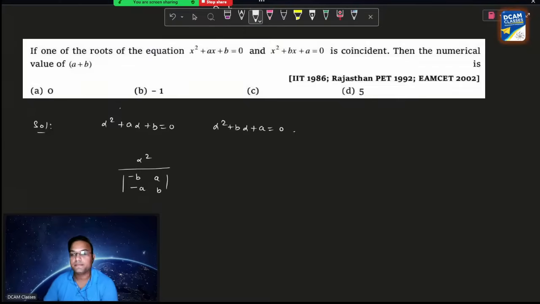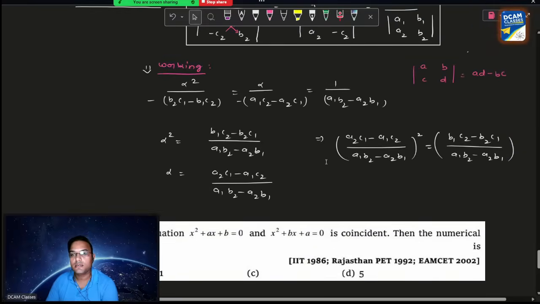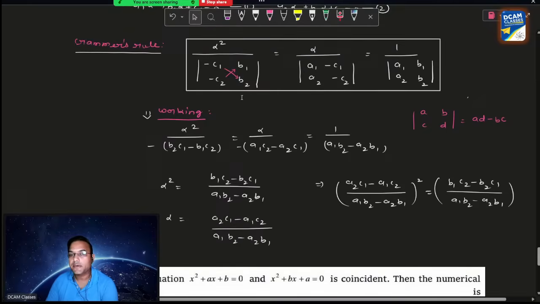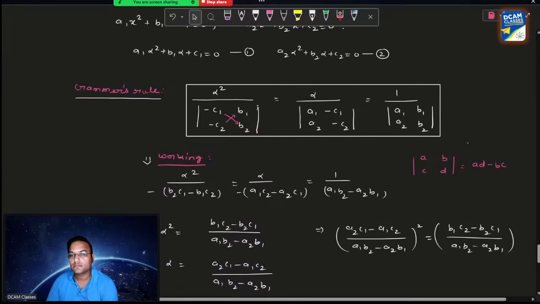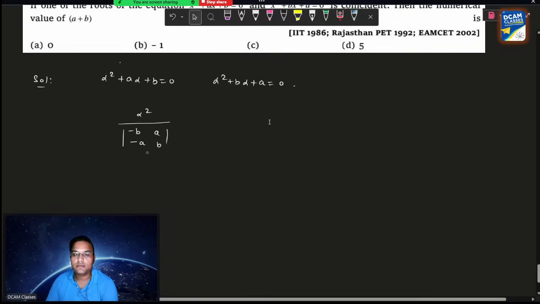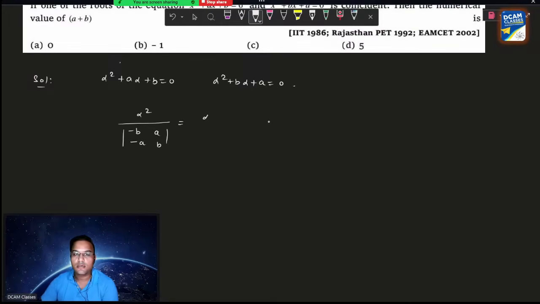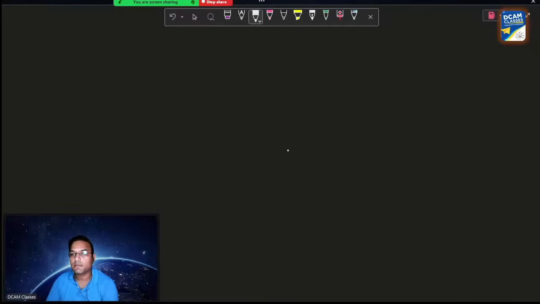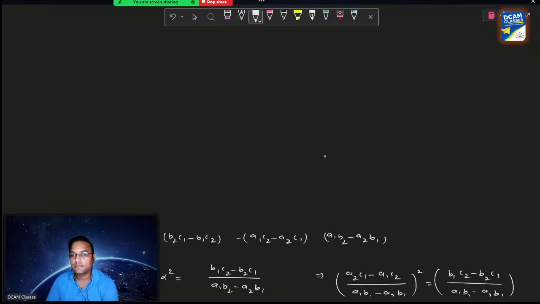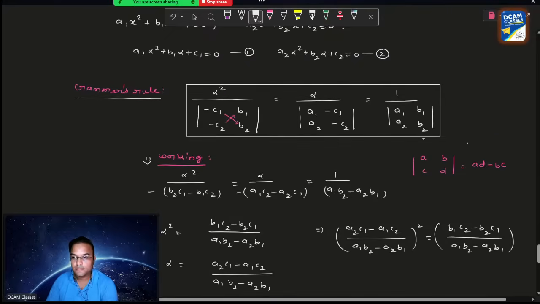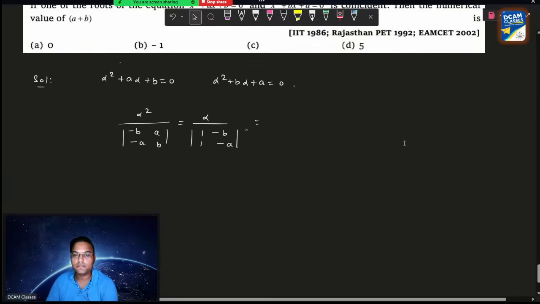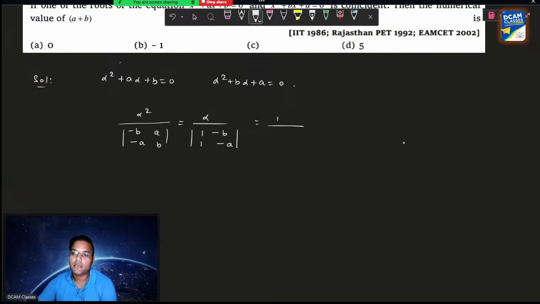Then for alpha, 1, 1, and 1, 1, minus b, minus a, is equal to, see, the third part is a1, a2, b1, b2, 1 by.